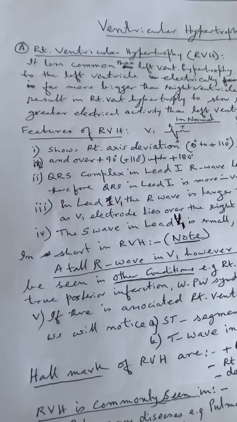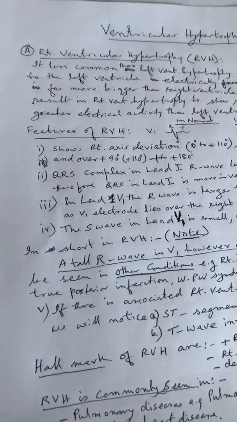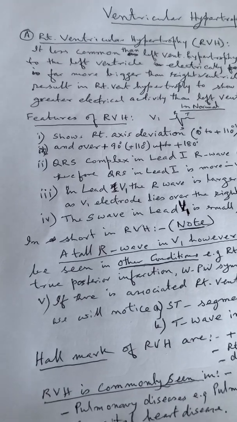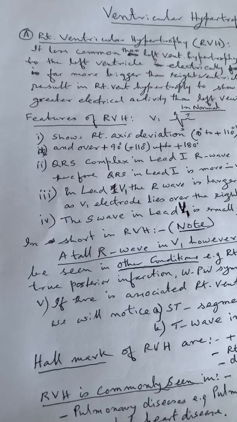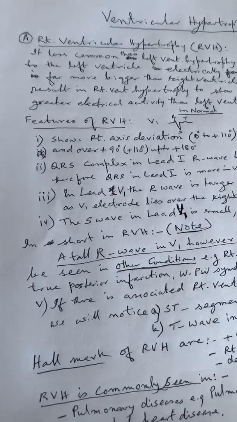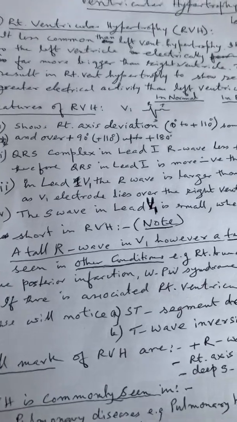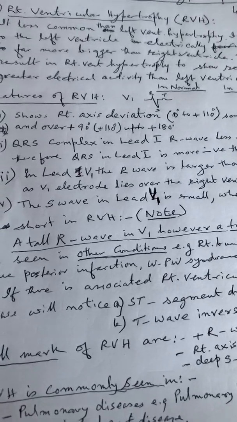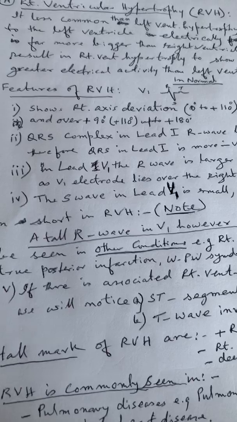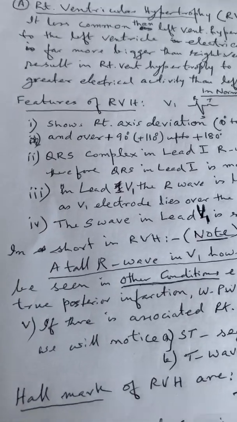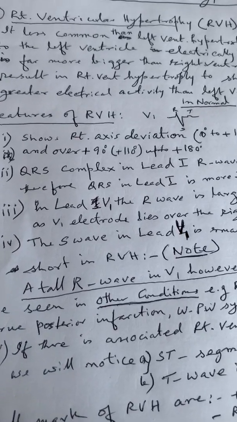This happens when the outlet is damaged or stenosed, narrowed, or if the outlet is incompetent and more blood is flowing back from the outflow tract into the ventricle. So this is the cause of ventricular hypertrophy.